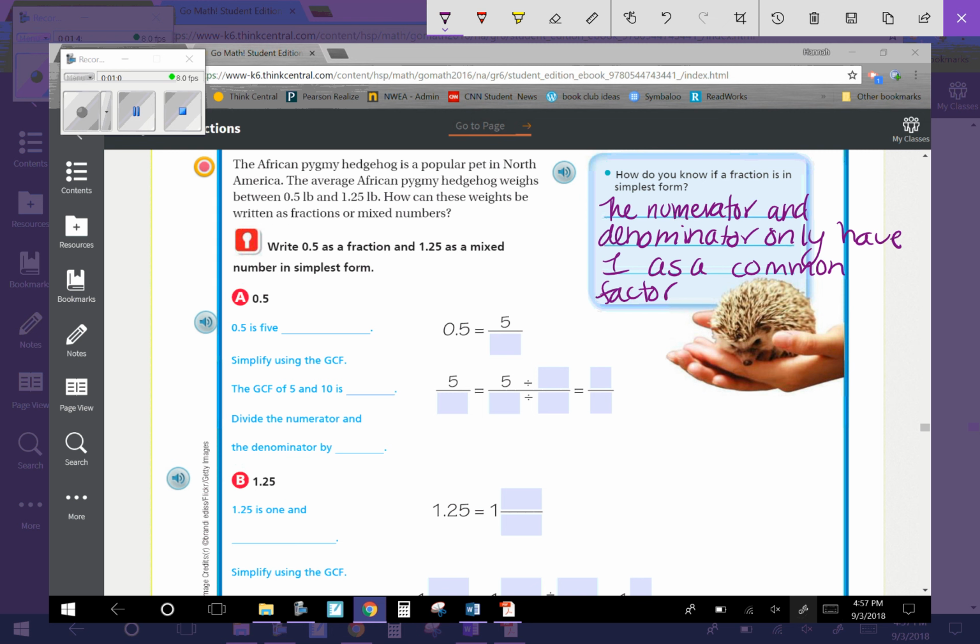So if they have something other than the number 1 as a common factor, they are not in simplest form and you need to simplify it further. But if that's all they have in common, you cannot divide them both by something, then that is simplest form.